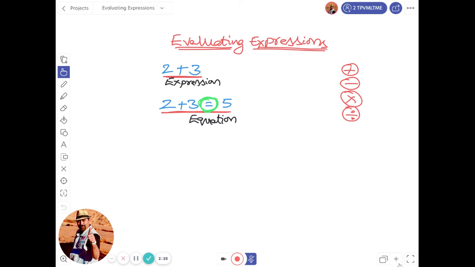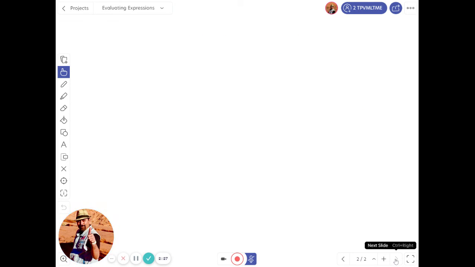Now let me take you to the next page. I'm going to write that an unknown value is there, added to 5. So what does this mean? This is an expression. Suppose you are given x plus 5 equals maybe 7.